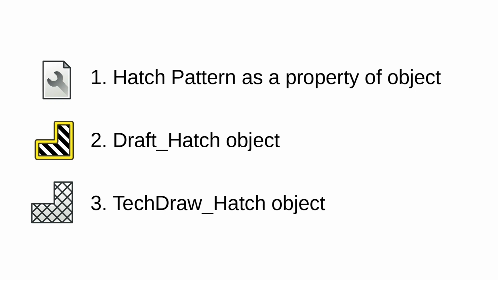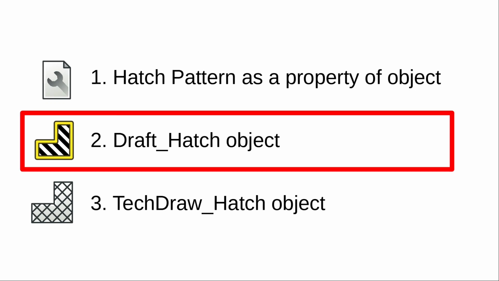The second one is the draft hatch tool. The third one is the TechDraw hatch tool. Which one you will use depends on your usage. For me, I think the most useful is the draft hatch object because it's the most flexible one, but the big problem is that it does not support dashed lines.